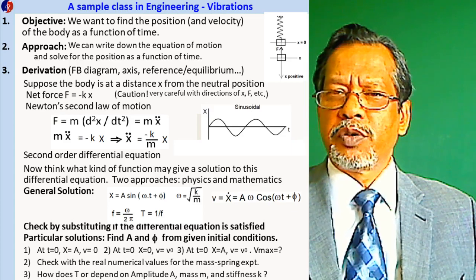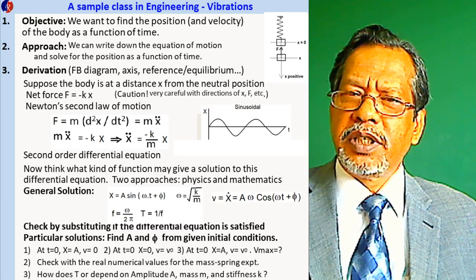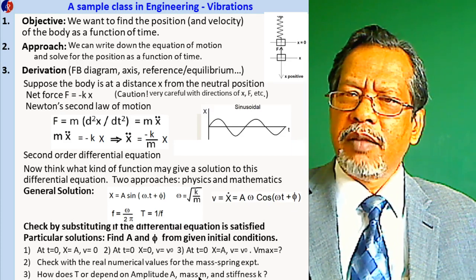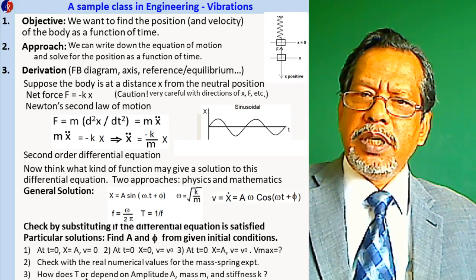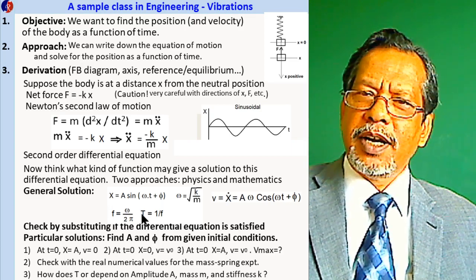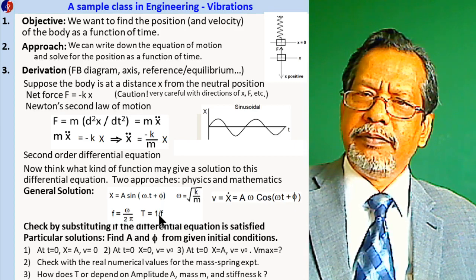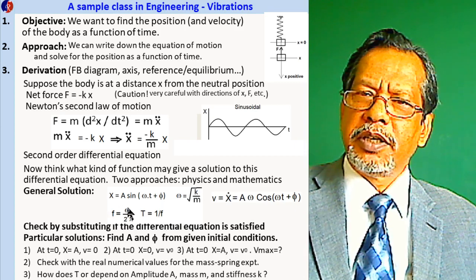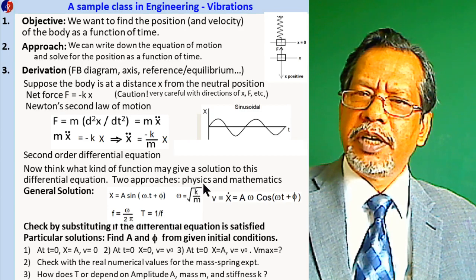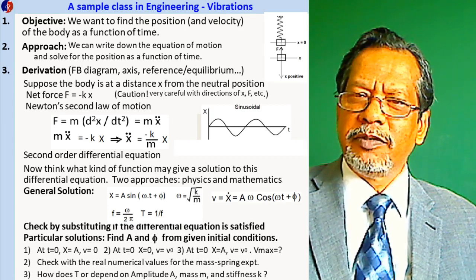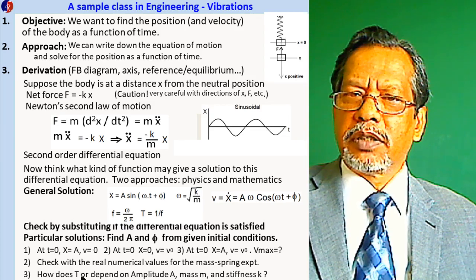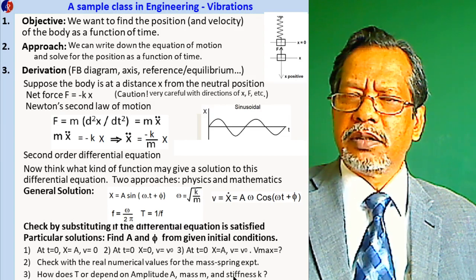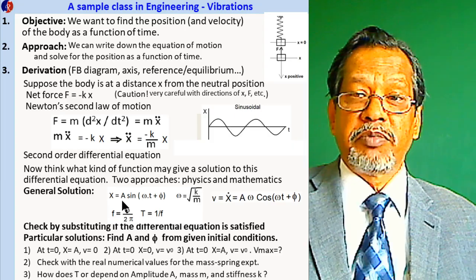You're teaching engineering students; you're creating future engineers. How does T depend on amplitude A, mass M and stiffness? The time period is related to omega, and omega is related to K over M. They should be able to figure out whether the time period depends on amplitude, mass and stiffness or not. It doesn't depend on amplitude.